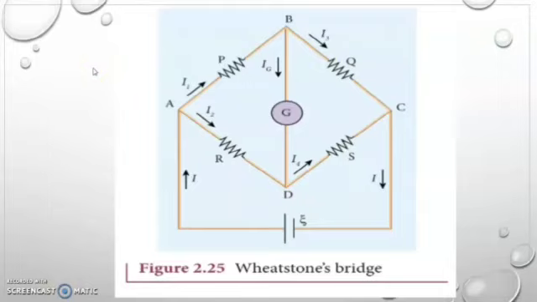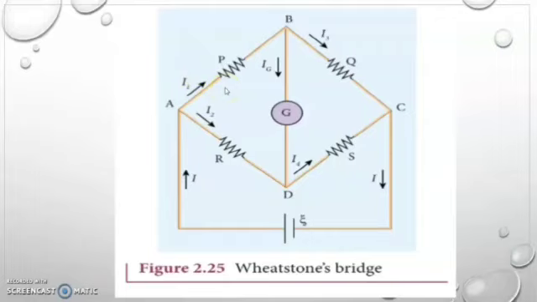As I have already mentioned, it is an application of Kirchhoff's current rule and Kirchhoff's voltage rule. Let's apply Kirchhoff's current rule. According to the rule, the algebraic sum of the currents at a junction is equal to 0. The current entering the junction is taken as positive, whereas the current leaving the junction is taken as negative.